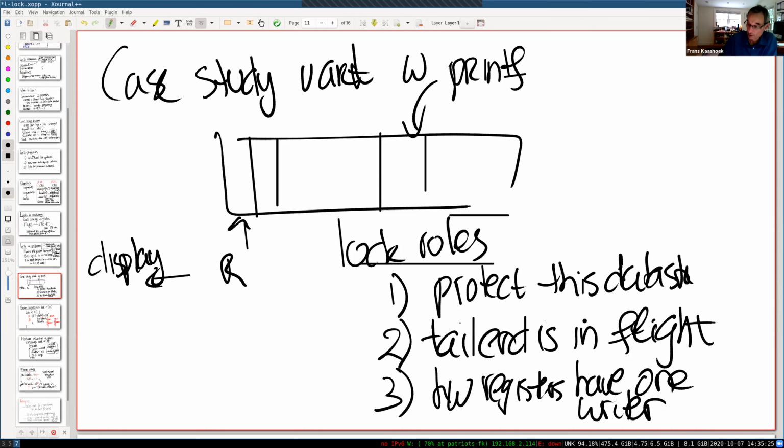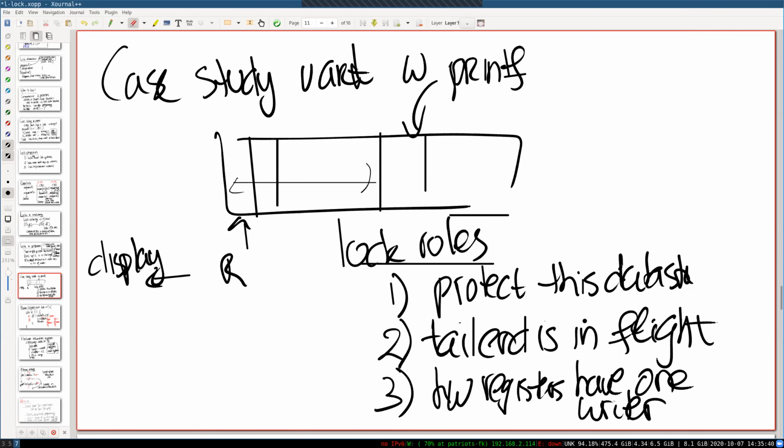Okay, so this goes to the display. Whatever is in this buffer is the sequence of characters that needs to go to the display, and the writer is appending more and more characters. So the writer is going that way, and the reader is following the writer, because it can't print a character that hasn't been put into the buffer yet.